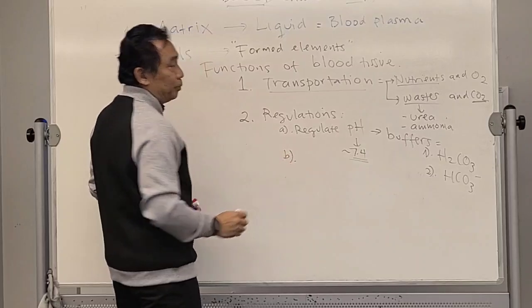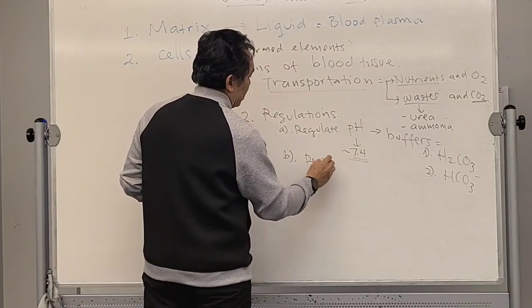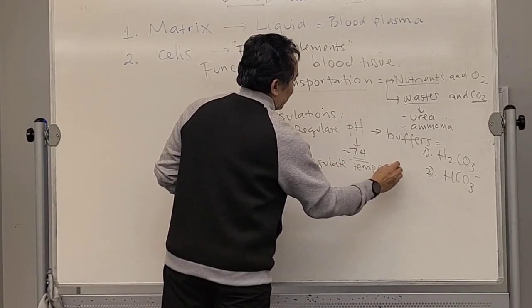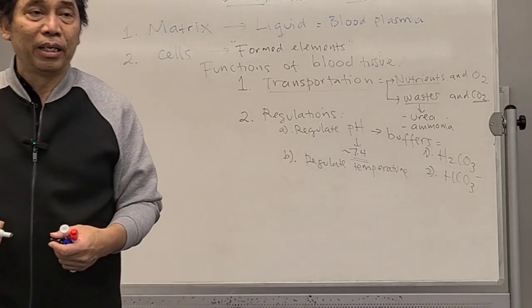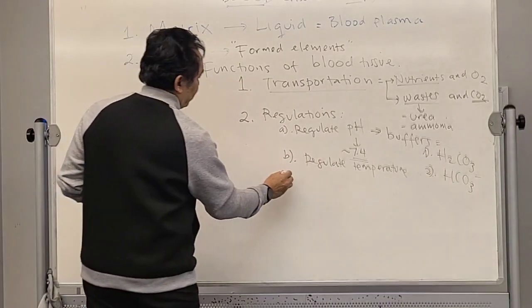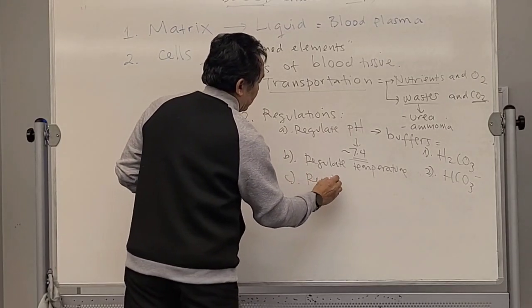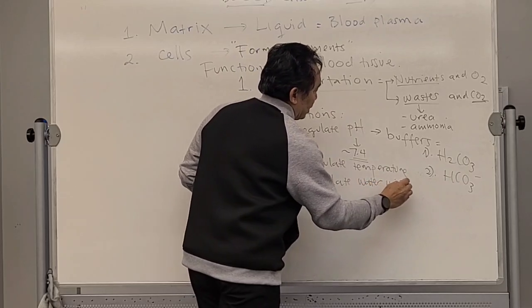Second, it regulates temperature. So your blood can also regulate your body temperature. And then it regulates the water in the body.